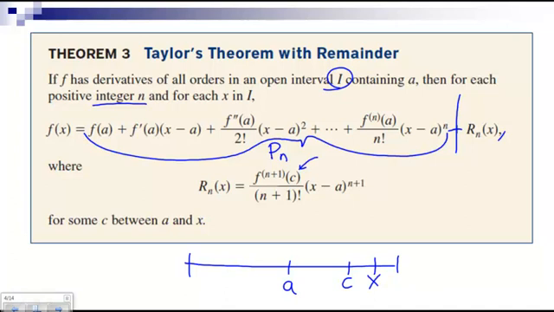Was there anything between f to the n of a over n factorial times x minus a to the n and r sub n of x? Yes, there's a plus sign, because it's the first n terms of the polynomial plus all the rest.